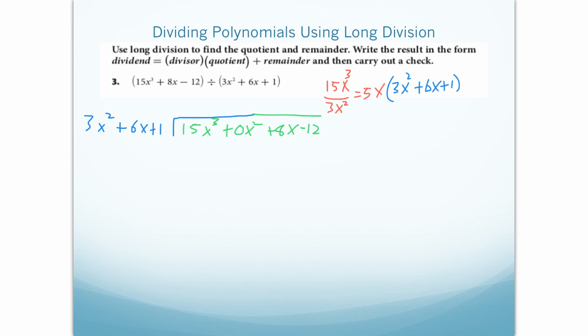So that gives us 15x to the third plus 30x squared plus 5x. So write that right here, and then we have to subtract it.